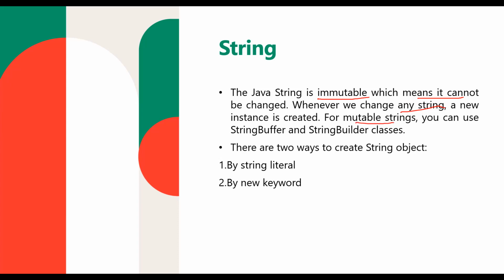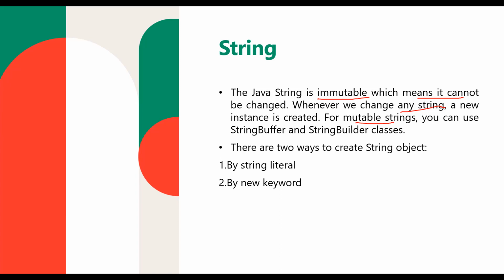For a mutable string, you can use the StringBuffer and StringBuilder classes. By using the String class, we can have an immutable string. But if you want a mutable string which can be modified, you can use either the StringBuffer or StringBuilder class.